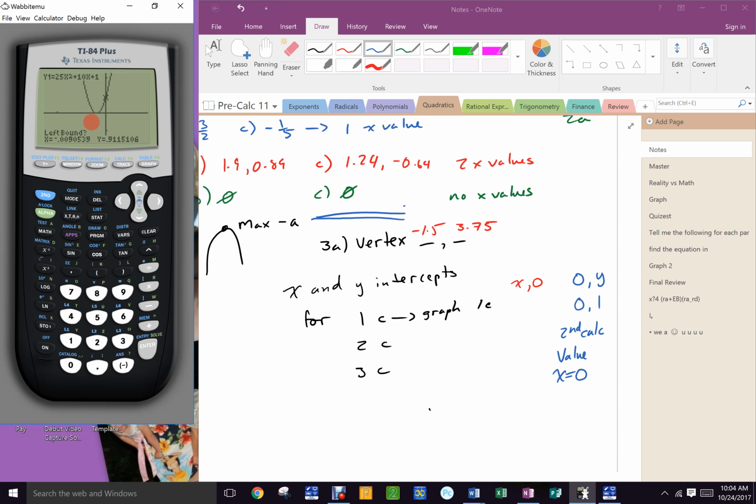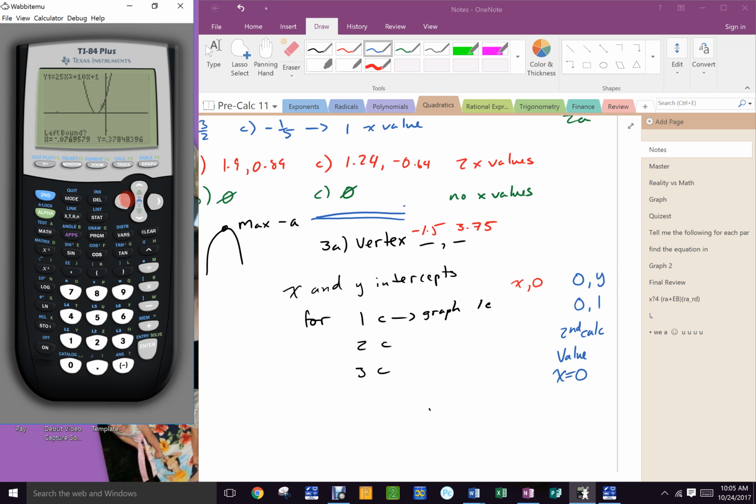Well, we want the 0, so we want to find the X-intercept, yes? Where on this graph is the only place it touches the X-axis? It's right there, right? So I must need to find the left and right boundary around that. Everyone agree? Let's do it.